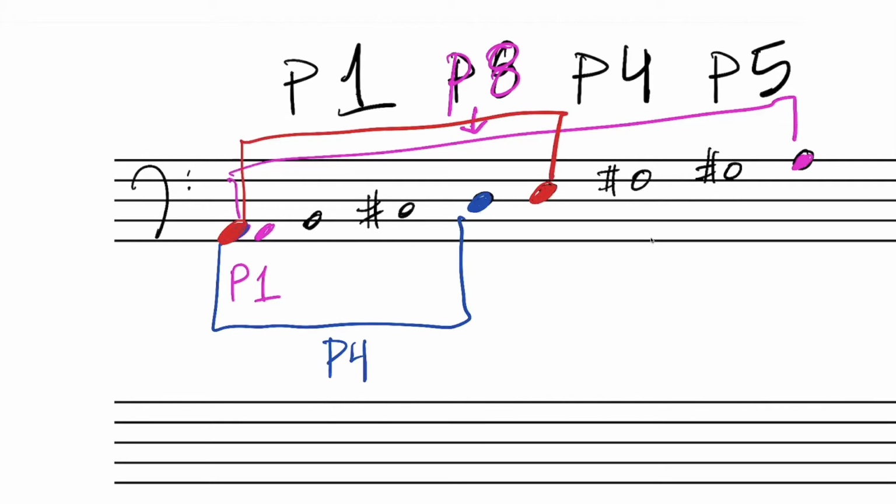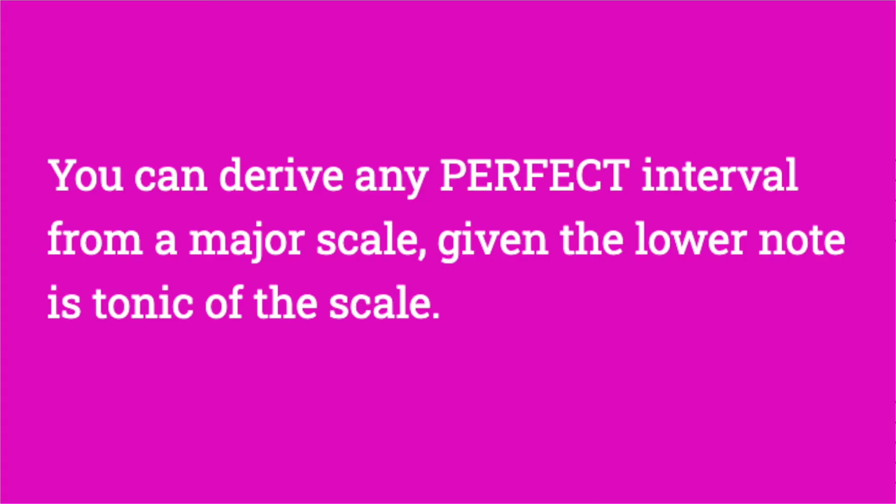Now A to E. And that's our perfect fifth derived from the A major scale. In sum, you can derive any perfect interval from a major scale given the lower note is the tonic of the scale. It's the same way we found major intervals.